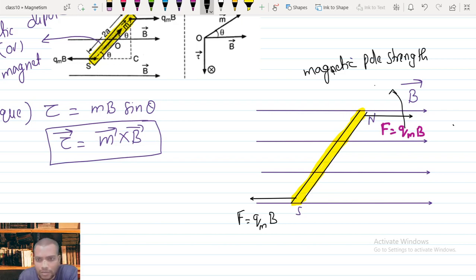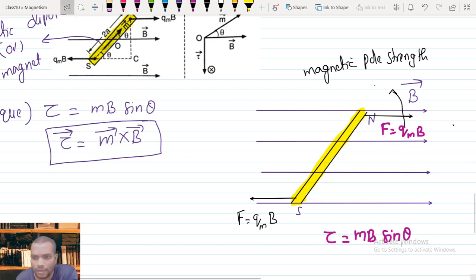Now we know that this magnetic field and forces both cause torque. Torque tau equal to mB sin theta. Because of the torque, the magnetic dipole starts to rotate in the magnetic field. It causes rotation.